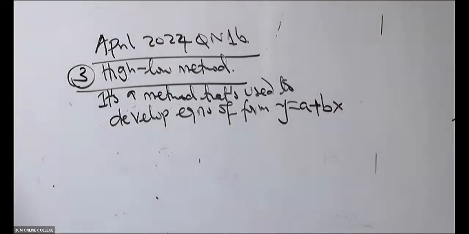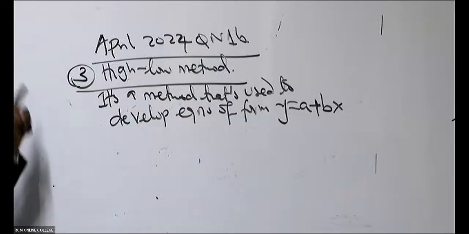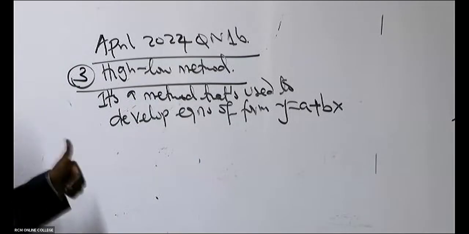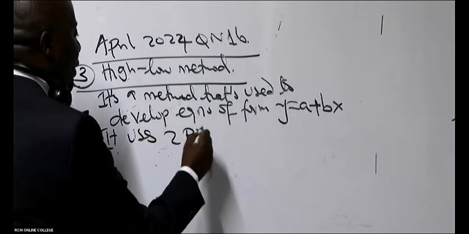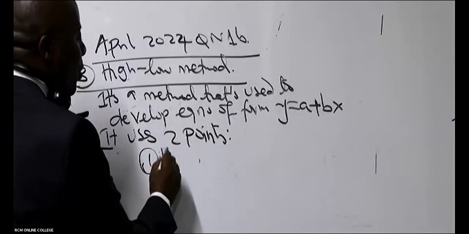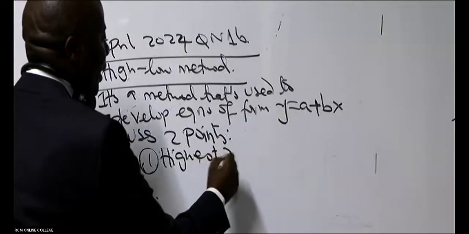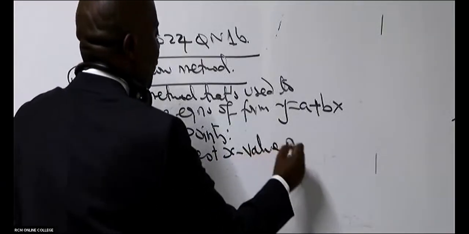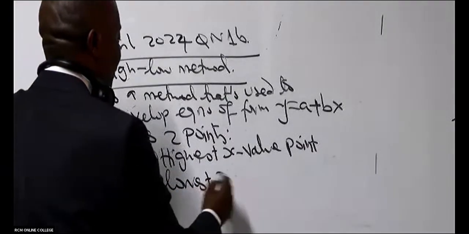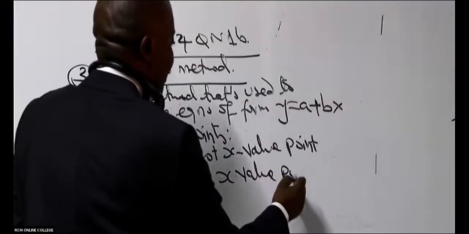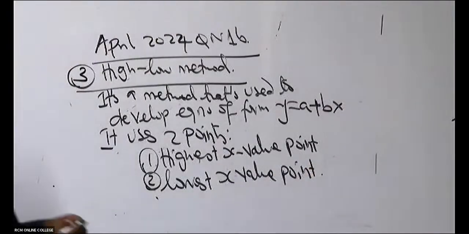Basically a straight line. But unlike the other methods, this high-low method makes use of 2 points. Which points are these? Number 1, we have the highest x value point. And number 2, we have the lowest x value point.